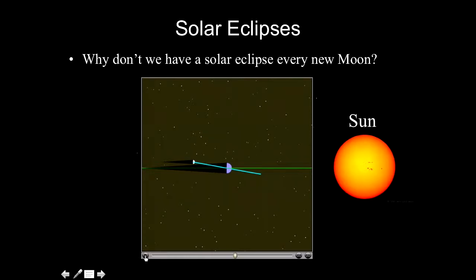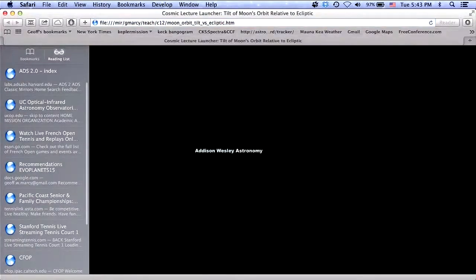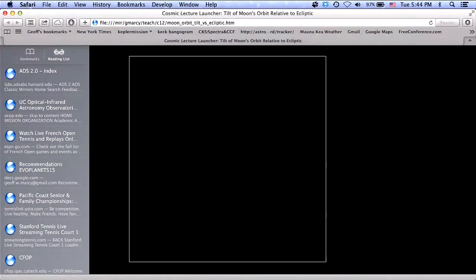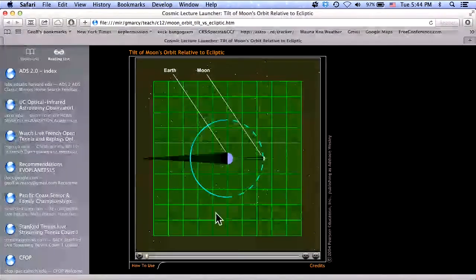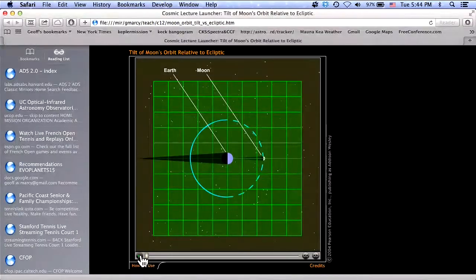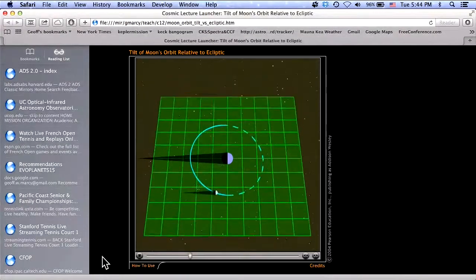You're seeing the Earth, the moon in its tilted orbital plane, and here's the sun way over here on the right. And now let me show you what happens as the moon orbits the Earth. Watch for the tilted orbital plane. Here we go. There's the moon orbiting the Earth.